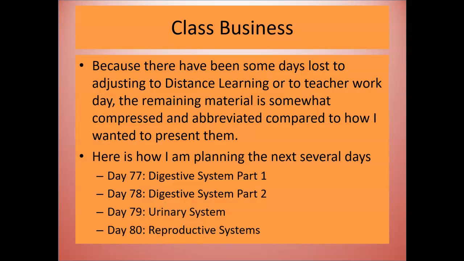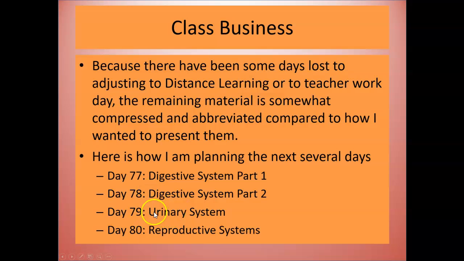A little bit of class business here. We were trying to figure out the schedule for the remainder of the semester, looking at the different days that we've got. Because we kind of lost some days, I had to shorten things up a little bit. My plan at this point is to do the digestive system today and the next class day, which would be day 77 and 78.